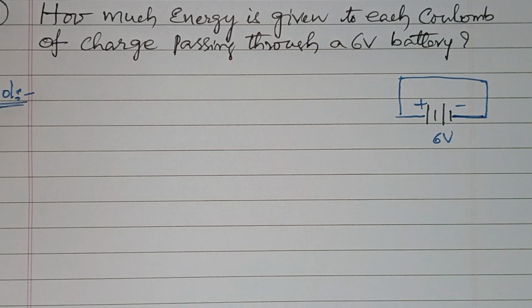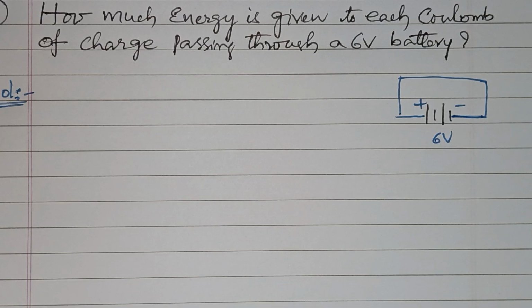Now how much external energy, or here the energy in the sense of potential difference or voltage, how much work is to be done by an external force to push 1 coulomb of charge through a 6-volt battery? That is the question that we have to find out.